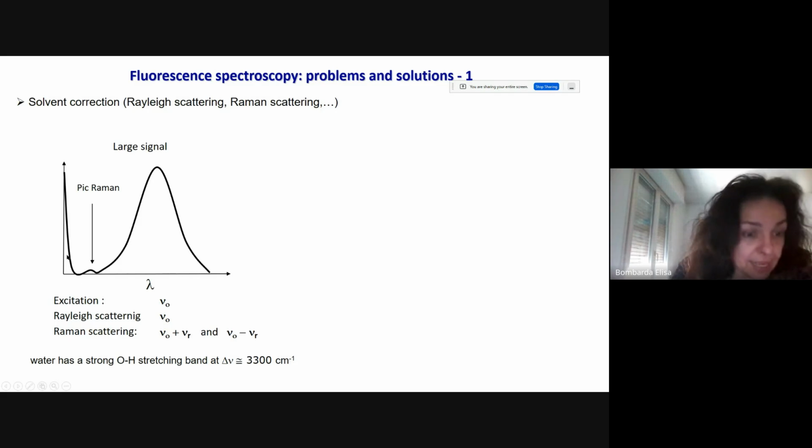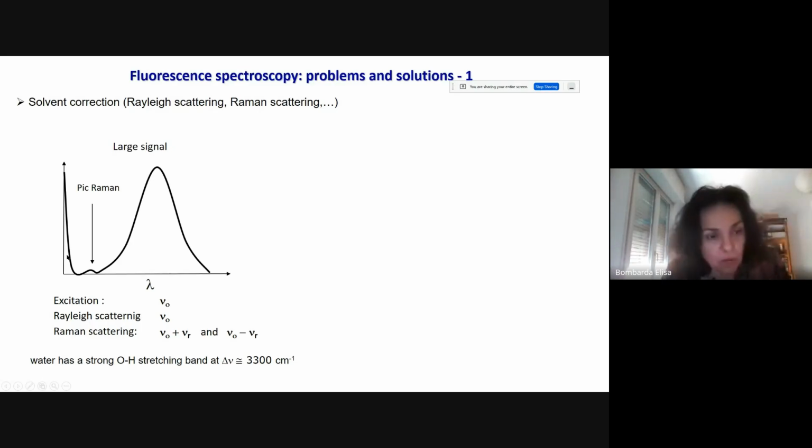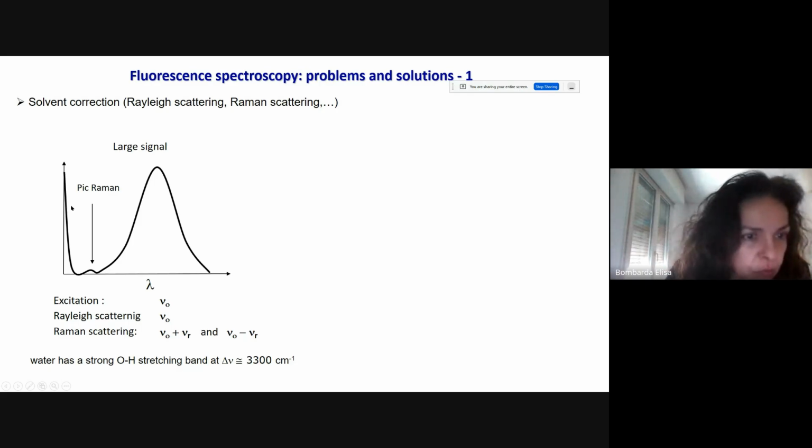It is an elastic scattering, so it has the wavelength and frequency of the excitation light that is scattered in all directions, and also at 90 degrees, even if it is minimized for all what we have said, but it is there. And so we detect it.